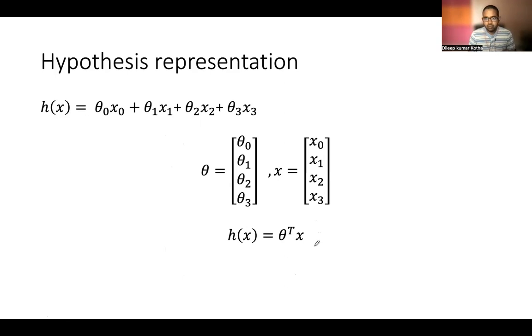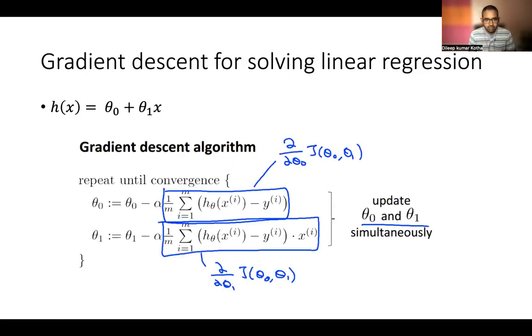Now let's go back to see how the gradient descent can help us in solving this multivariate problem as well. So we already saw this gradient descent for single variable, where θ0 or θ1, you are subtracting the gradient with respect to the same parameter itself and multiplying with alpha, which is the learning rate.